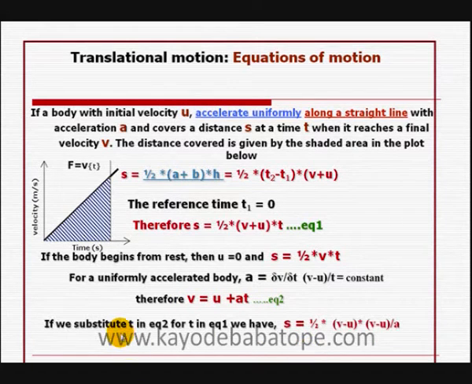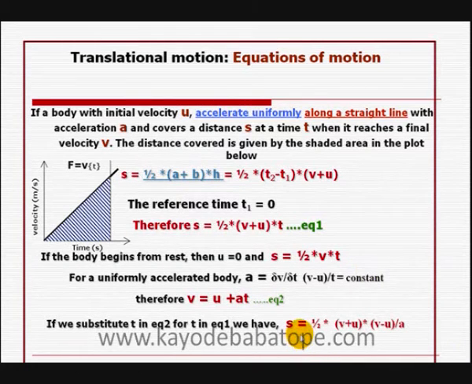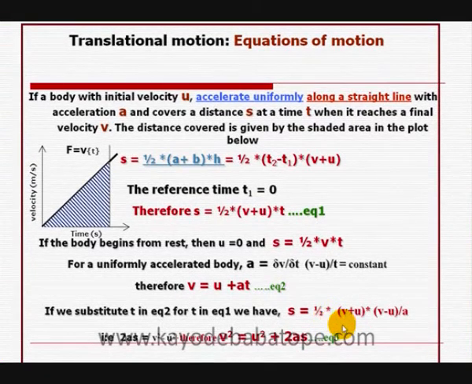Now, if we substitute for T from equation 2 into equation 1, that is, we still want to use equation 1, but we want another expression to replace T. From equation 2, T will be equal to (V minus U) over A. So we are going to have S equals half times (V plus U), but instead of T, we now have (V minus U) over A. If we simplify this expression, (V plus U) multiplied by (V minus U) will give us V squared minus U squared.